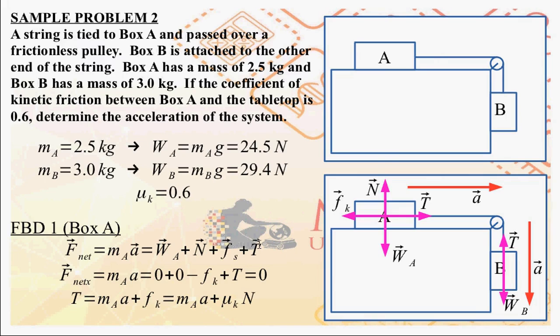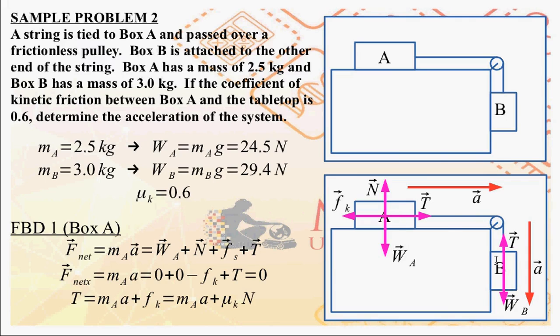So again, the objects have mass, so they have weight. You have weight A and weight B vertically downward. A is pressing into the tabletop, therefore you have normal force N. Because of weight B, B is pulling at the string, producing tension.